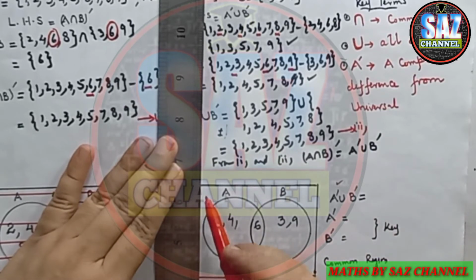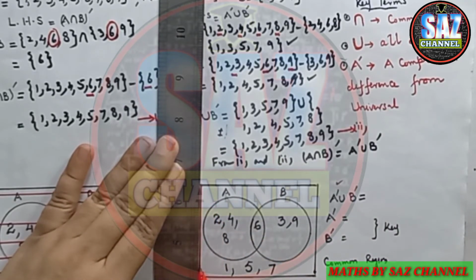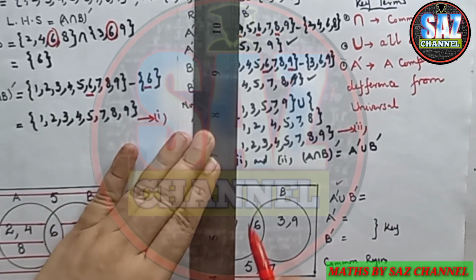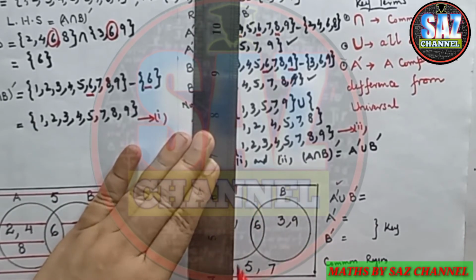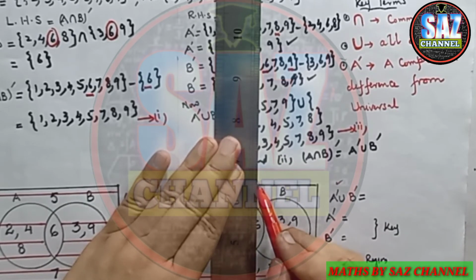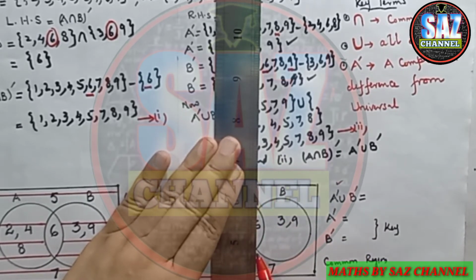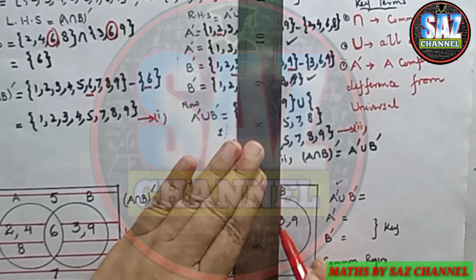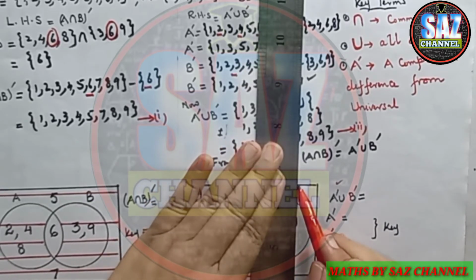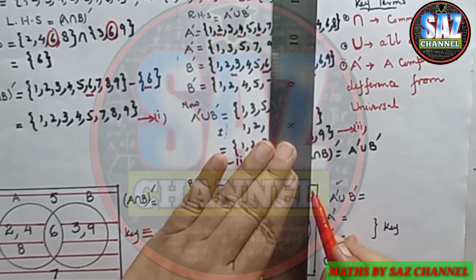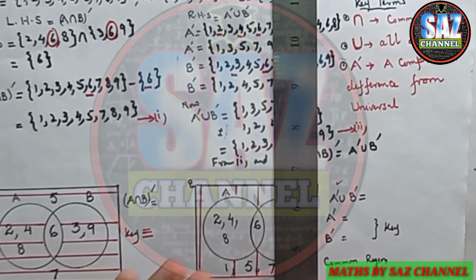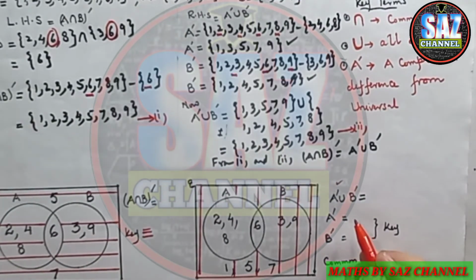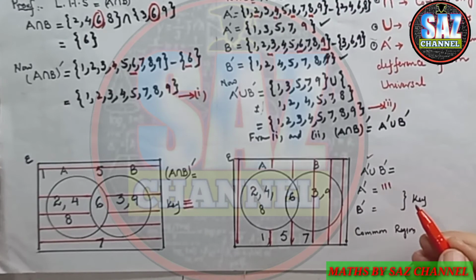So for A complement, my shading will be coming over here, outside A. We are not going to go inside A, but it holds 3 and 9, so I can move to the remaining portion of set B. And for A complement, I can tell the examiner that we are marking these vertical lines.